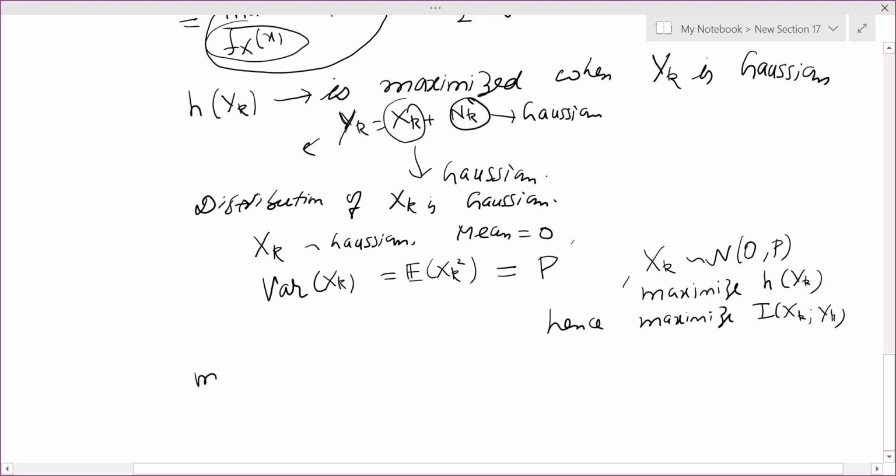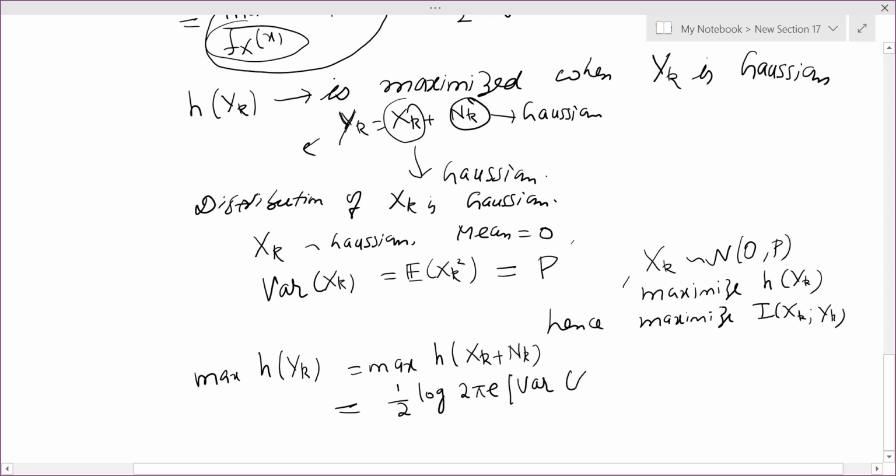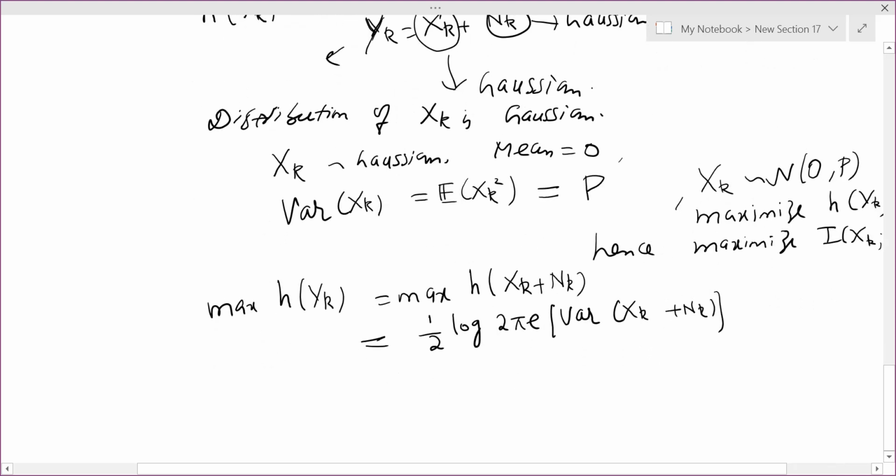So the maximum value of h of yk, which is the same as the maximum value of h of xk plus nk, happens when xk is Gaussian, and the value will be half log 2 pi e times the variance of xk plus nk. We have derived that for a Gaussian random variable, the differential entropy is half log 2 pi e times the variance.